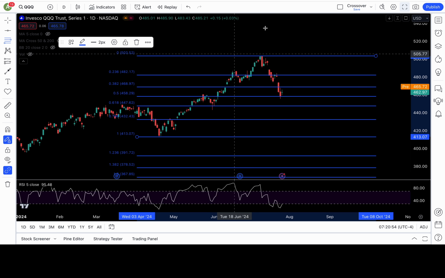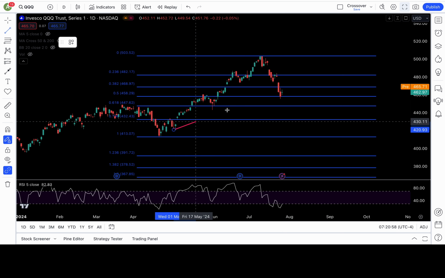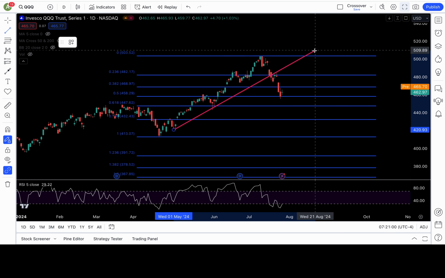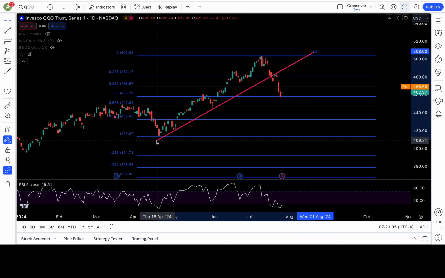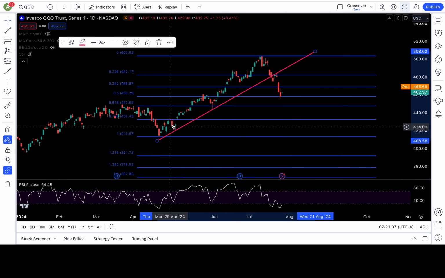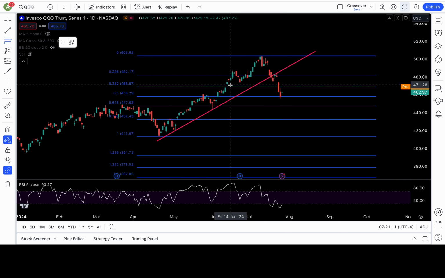So we've got the uptrend fib levels, and then we want to get the uptrend line. Let me correct it right there. Boom. Multiple tests, and then we want to get the shorter term levels.